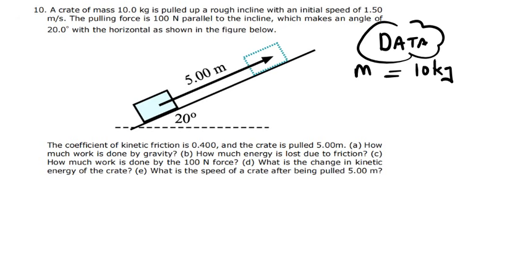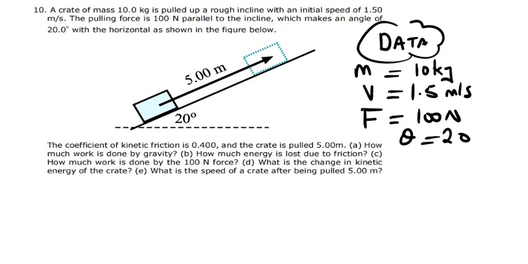So the speed we're told is 1.5 meters per second. The pulling force, it is 100 newtons parallel to the incline, okay, which makes an angle of 20 degrees. So the angle, we're able to see that it is 20 degrees.